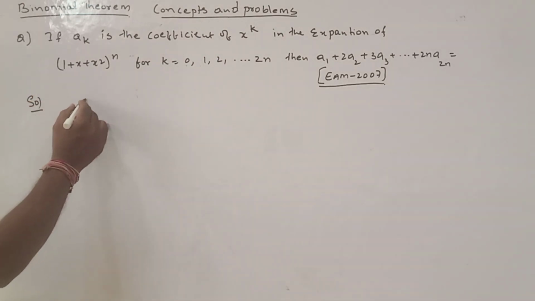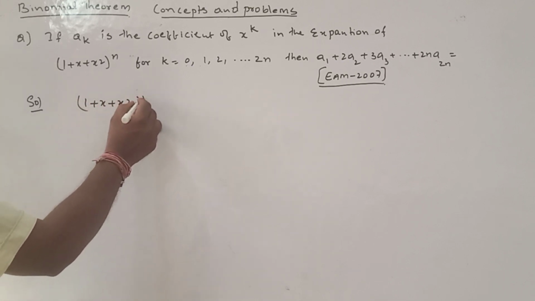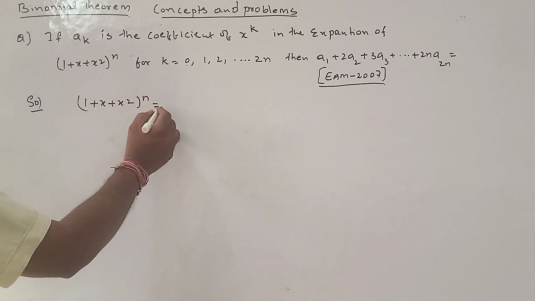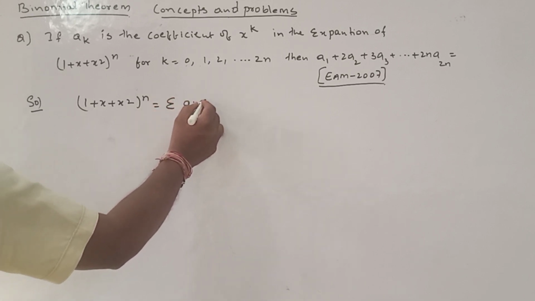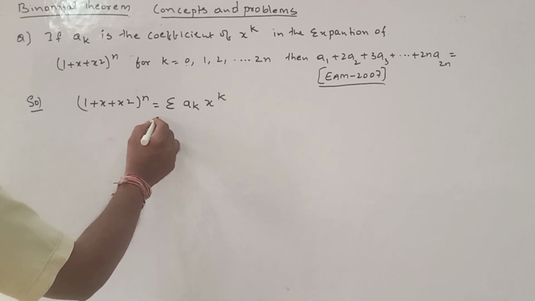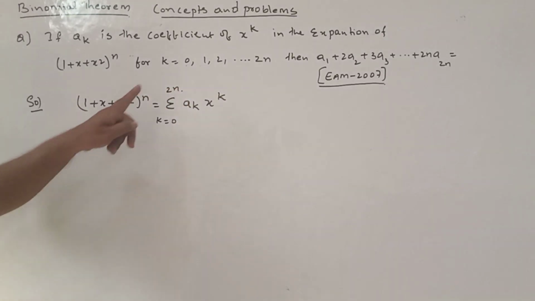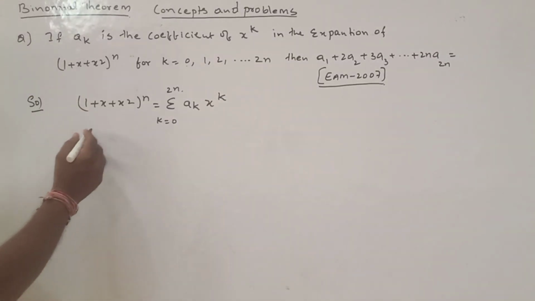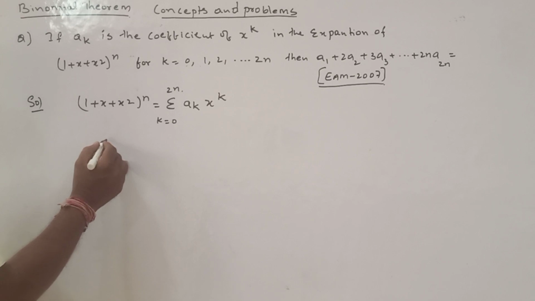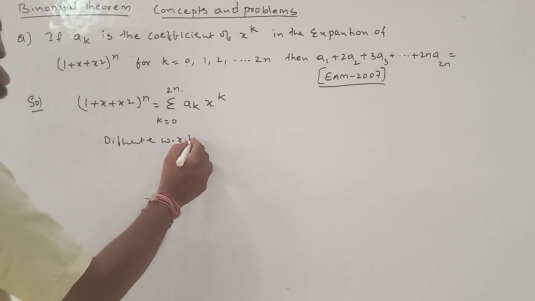We have the given expression (1 plus x square) whole power n equal to sigma ak x power k, where k is equal to 0 to 2n. Here you differentiate with respect to x.